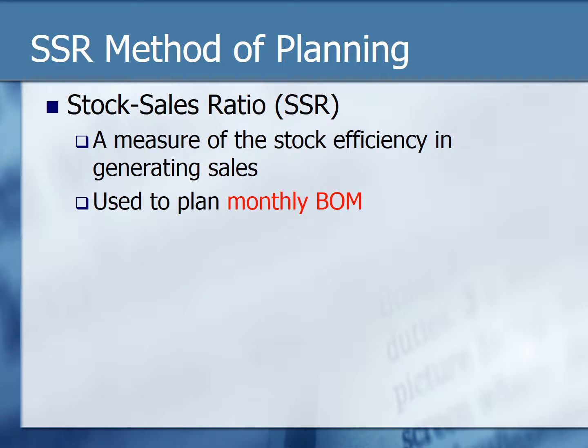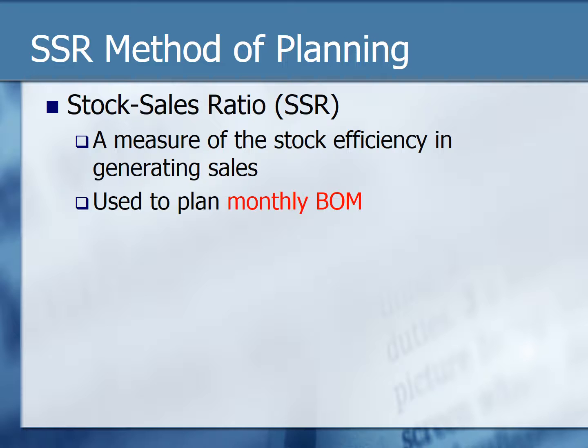So let's first talk about what SSR, or stock sales ratio, actually is. It's a measure of the stock efficiency in generating sales. So it's like a ratio between the stock level and the sales level. If you remember, turnover is also a kind of ratio between stock and sales.